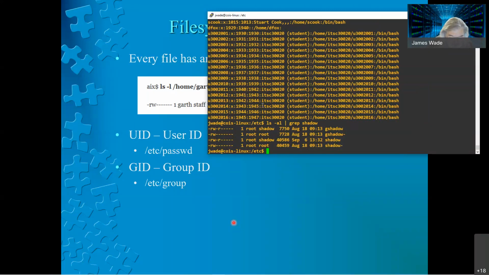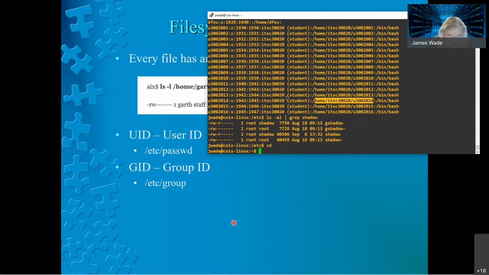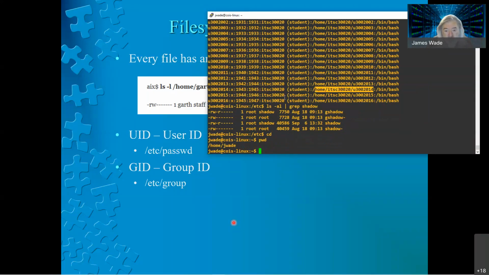And then here you have the GECOS field where we could put additional information. A home directory where that person, when you log in, that's usually where you go. Or if I hit CD, watch this, CD, enter, PWD, I'm in my home directory. And then, of course, the shell that you're using, which is the shell that it logs you in with.